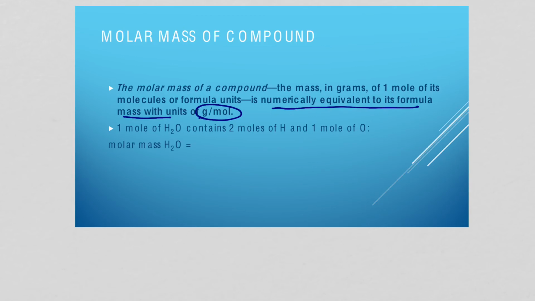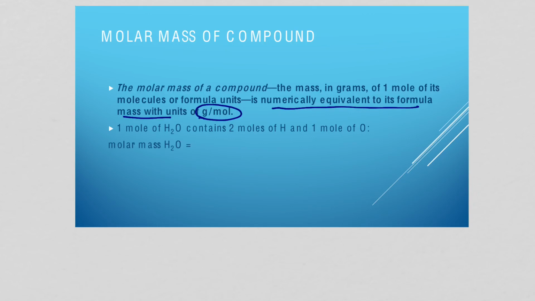And so if I want to know how much 1 mole of water molecules weighs, we know that contains 2 moles of hydrogen atoms and 1 mole of oxygen atoms, based on the formula. So if one molecule contains 2 hydrogens, a mole of water molecules will contain 2 moles of hydrogen atoms.